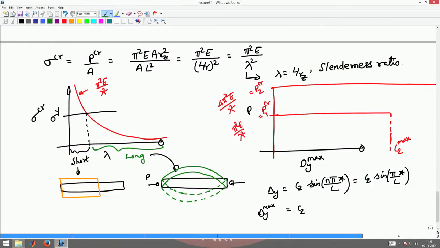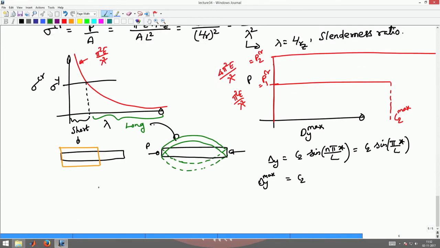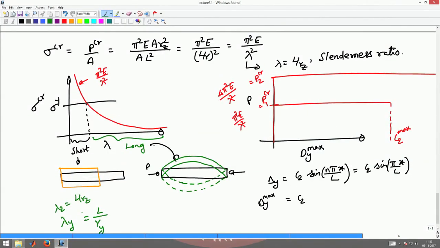where lambda was L by R z, where R z is the radius of gyration for I about the z axis. On the other hand, I can similarly define a radius of gyration about the y axis, L by R y, and this will be lambda y. The above expression is lambda z, where it is L by R z. Now, whichever is more will lead to a lower value of stress, right?